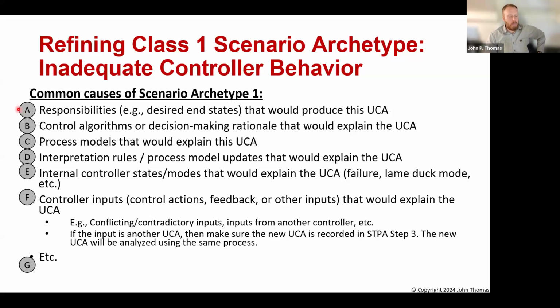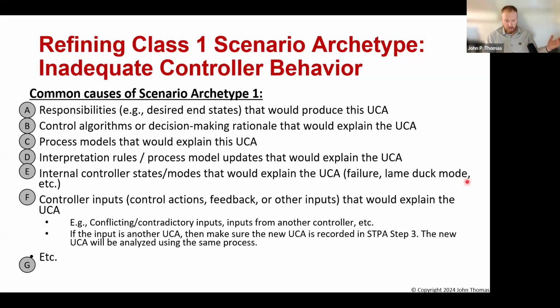Apologize for that. But how can the responsibility of that controller, one of their responsibilities, cause the UCA, even though they have at least one piece of good information from feedback? How can control algorithms of decision making maybe prioritize the incorrect things and cause the UCA? How can the process model belief, and it's not just beliefs tied to that feedback, it could be beliefs about something else, beliefs about whether we're in an emergency situation, and maybe that trumps everything else in the controller. Interpretation, internal controller states or modes, like a lame duck mode in automotive.